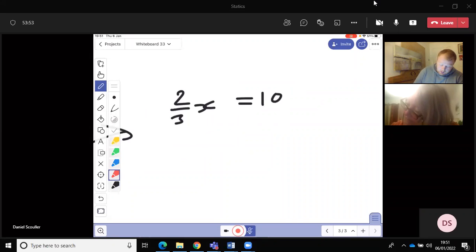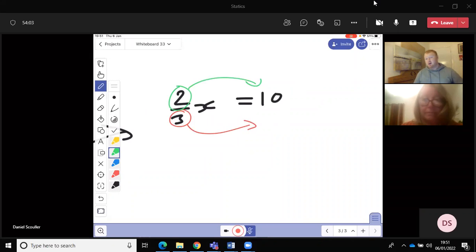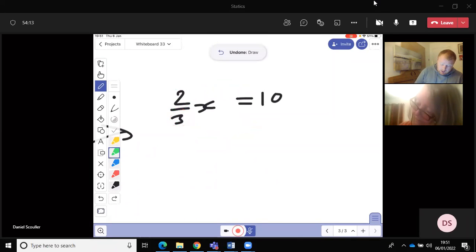We can move either the 3 or the 2 first. When you're doing multiply and divide and moving it across, you can do one or the other. What I just wanted you to be aware of is how that could be written.